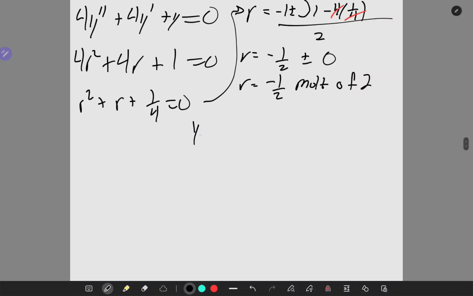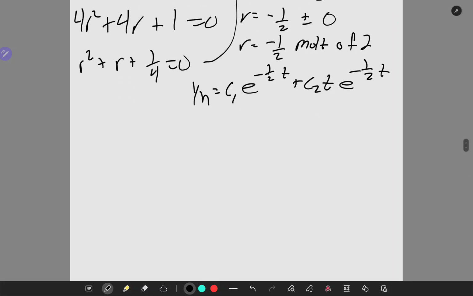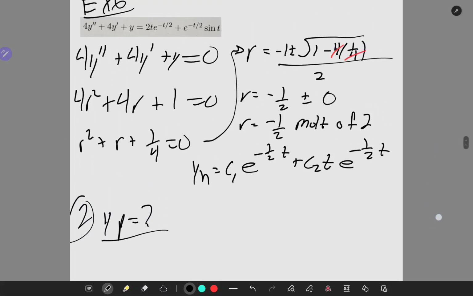So then we propose y sub h is c1 e to the -1/2 t plus c2 e to the -1/2 t. We multiply it by that extra t. That's our little shortcut. Or we could have used reduction of order to get that term, right? So now our y sub p, step 2, y sub p is equal to what?